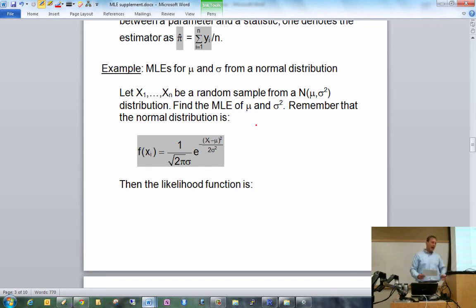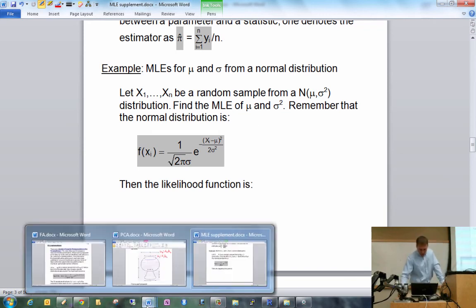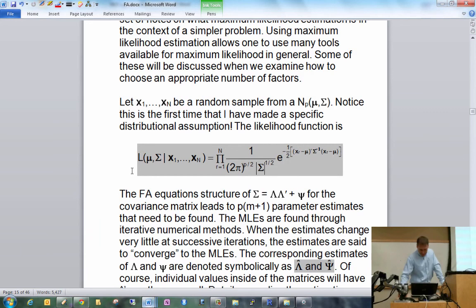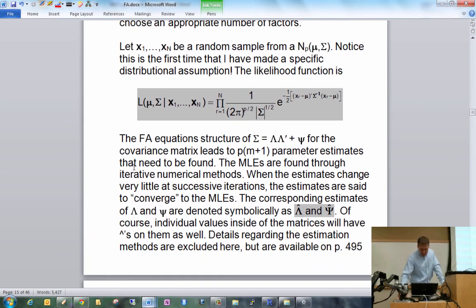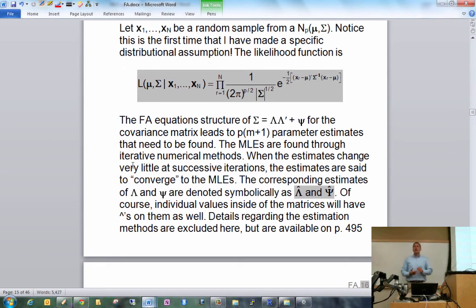Now, with that as background, let's go back to page 15 of my regular notes. In this case, we have a much more complicated likelihood function.